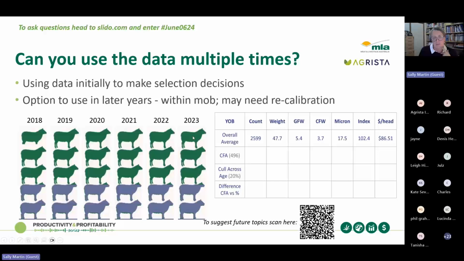What you can do is, in later years, re-rank them within their mobs. So we're not comparing the 23 drop with the 22. We're just comparing the 22 within their age groups.